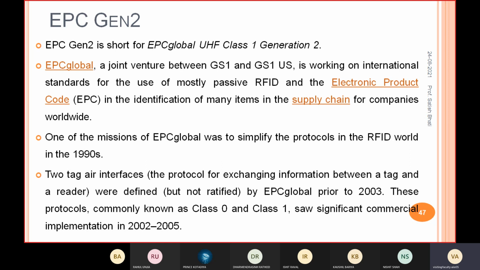The tag air interface, the protocol for exchanging information between a tag and the reader, was defined by EPC in 2003, commonly known as Class 0 and Class 1, which we have seen. People started to use it commercially in some 2002 to 2005. So this is the history of EPC.